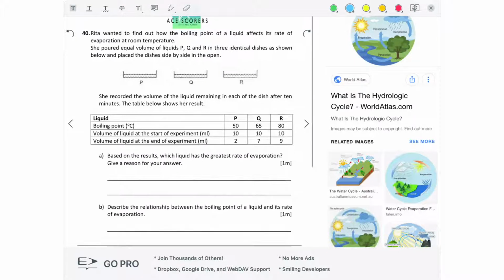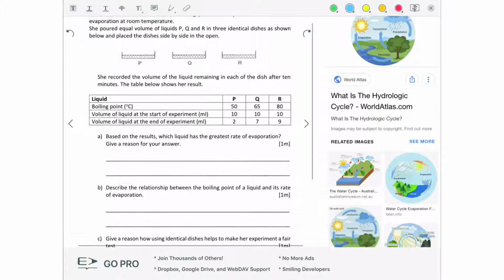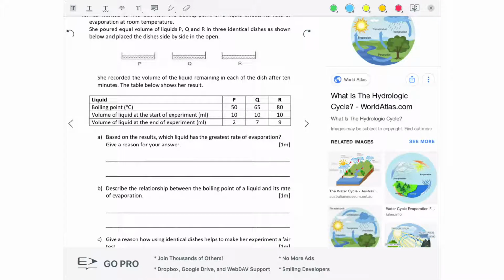Just look at this. Based on the results, which liquid has the greatest rate of evaporation? P, Q, R, boiling point, and at the start they all started with 10. After that, this one left 279.